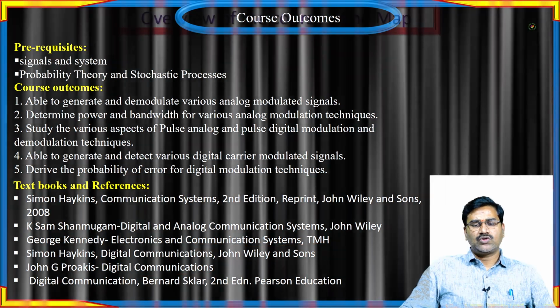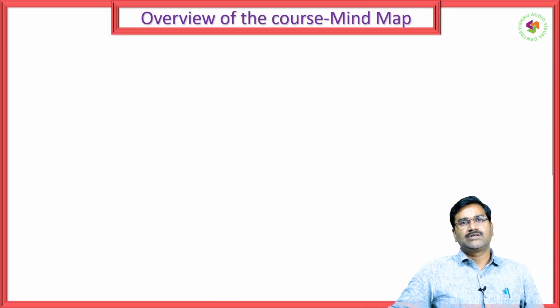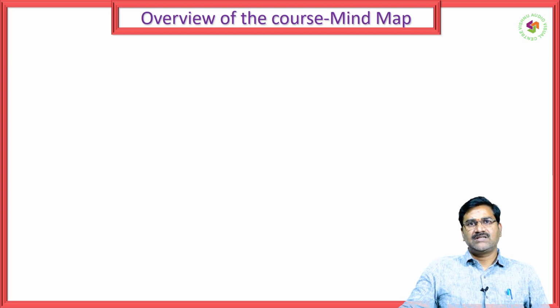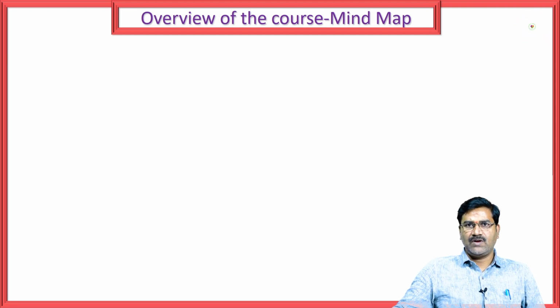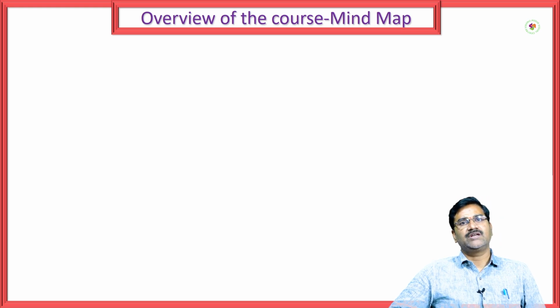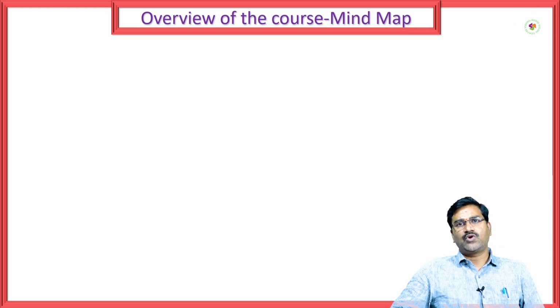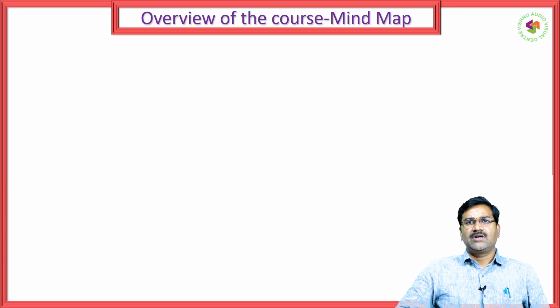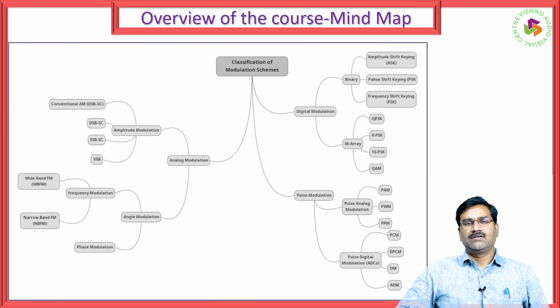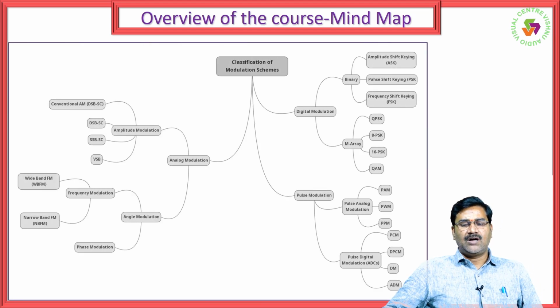Coming to the course overview, various topics will be discussed. Since it is analog and digital communications, you will have the first part as analog communications and the second part as digital communications. If you look at the various analog and digital communication systems, you have a different classification based on the type of carrier which you use.